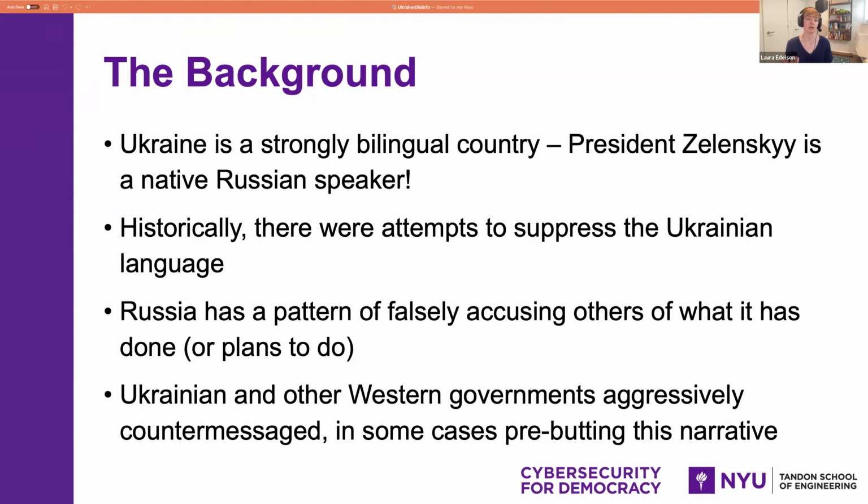A specific event that took place fairly early in this cycle, I believe in either March or April of 2022, is that the U.S. got specific intelligence that Russia had made a fake video of these supposed atrocities, and they got out in front of the story and said, we've received intelligence that this is going to happen. You should be suspicious of a video that comes out like this from Russia. And in fact, I think it was spotted quite easily by Western media.